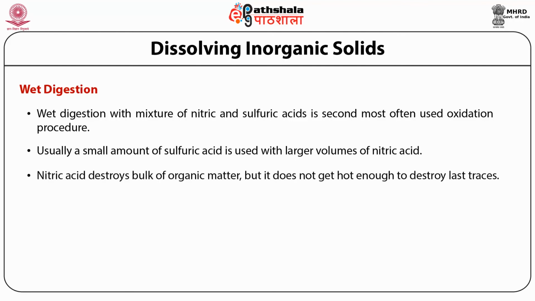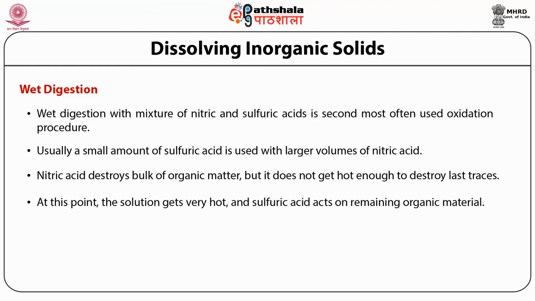The nitric acid destroys the bulk of the organic matter, but it does not get hot enough to destroy the last traces. At this point, the solution gets very hot and sulfuric acid acts on the remaining organic matter. Digestion is continued until the solution clears.